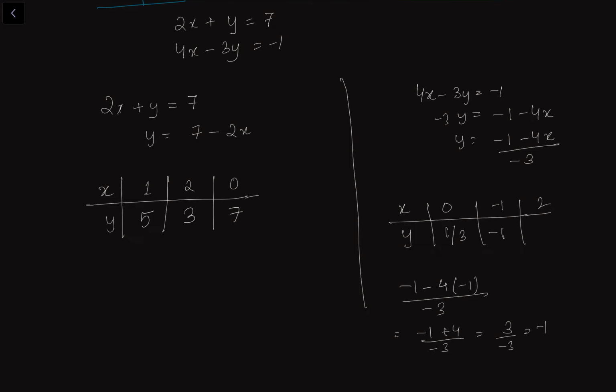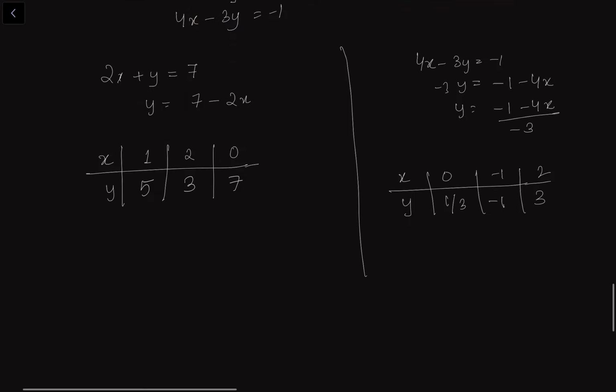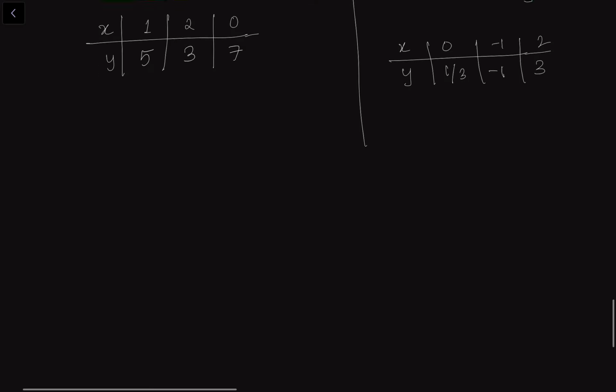And similarly, when you take 2, you will get minus 1 minus 8. So you can do the calculations so easily. So it is minus 9 by minus 3, which is 3. Okay. So you have to make this table in your exam, and now we simply have to draw our graph based on these values.